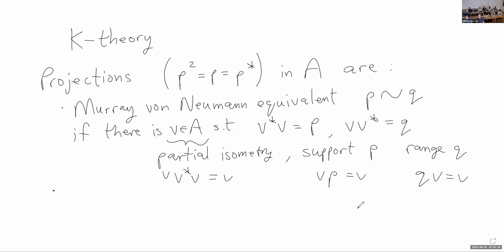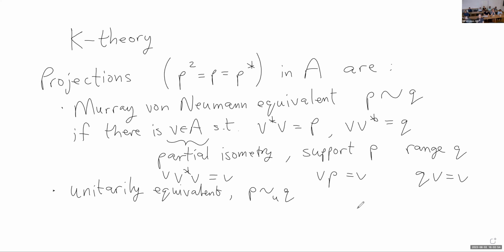The second notion is unitary equivalence. So projections are unitarily equivalent, and I'll write P ∼u Q, if there is a unitary U in A tilde.